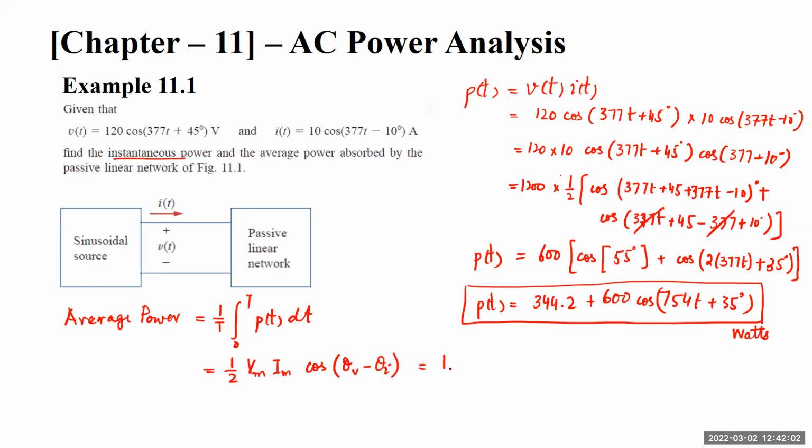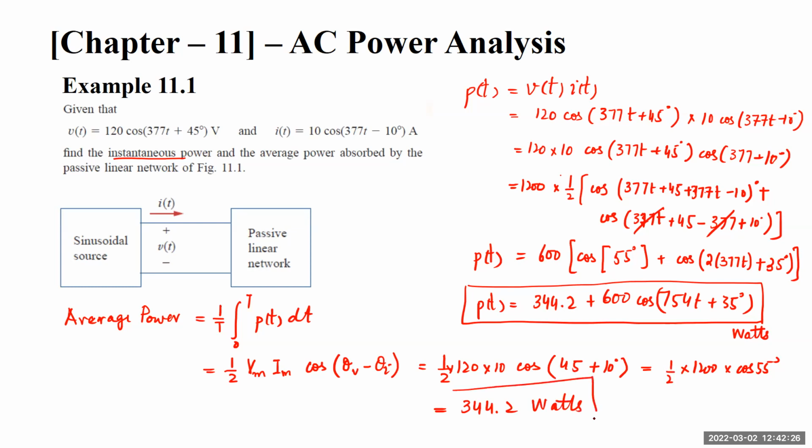If we put in the values, Vm 120 multiplied by 10 cos of 45 minus, or plus, 10 degrees. This comes out to be 1 by 2 into 1200 into cos of 55, and this value is 344.2 watts. So this is my average value.